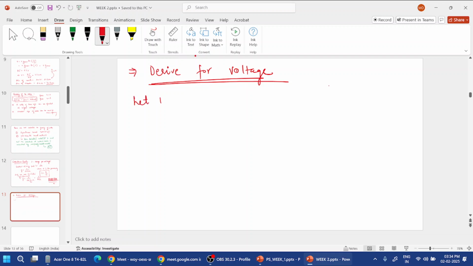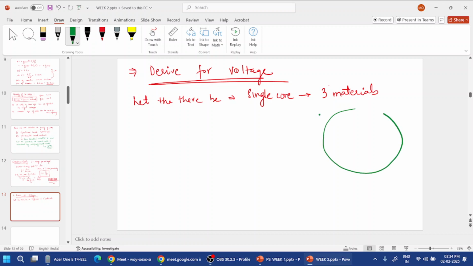Let there be a cable of single core but three materials, like this.